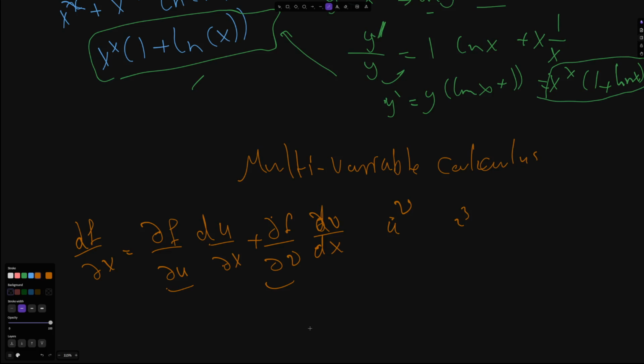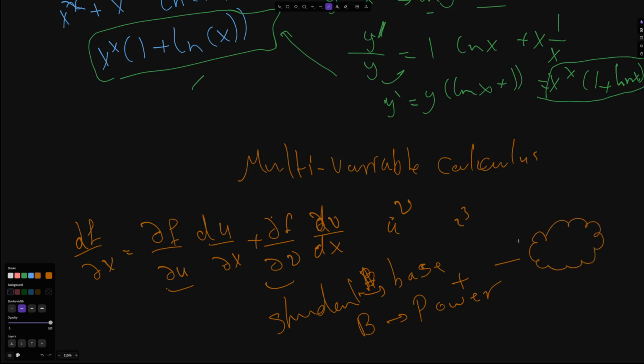Student A found the change due to the base, and student B found the change due to the power itself, the exponent. If we add these both together, we get the actual answer we were looking for.